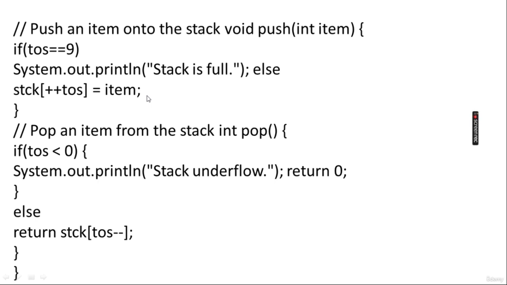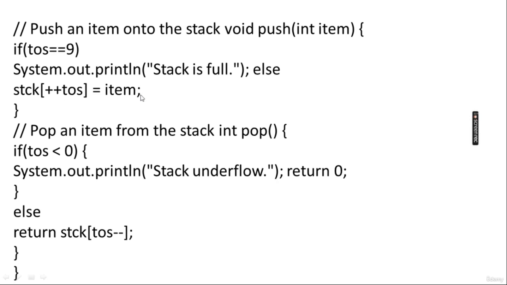Why can I not write directly on the top of stack? Because there is already one item present on the top of the stack, and if I write onto that, it will override the previous item. So for that purpose, we first increment the top of stack using the increment operator, and then the value is updated and the item is put onto the stack.